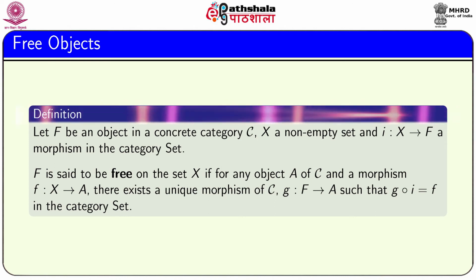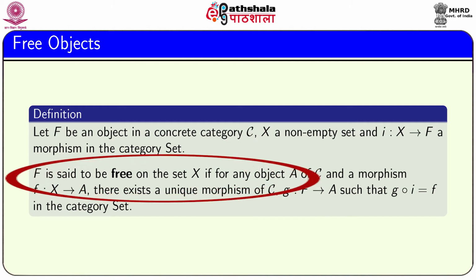Now, we talk about a specific type of elements, rather objects, in the concrete categories. Suppose capital F is an object in a concrete category C, X is a non-empty set, and i from X to F a morphism in the category Set.